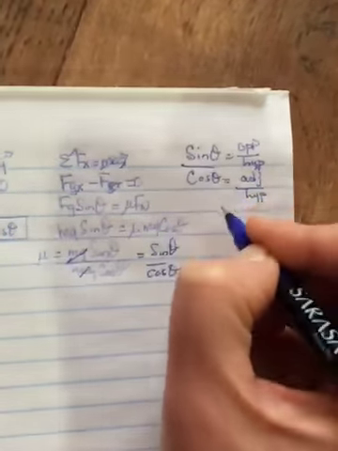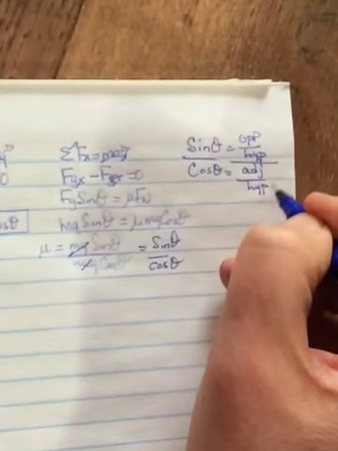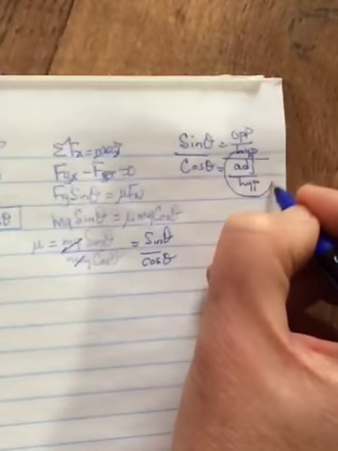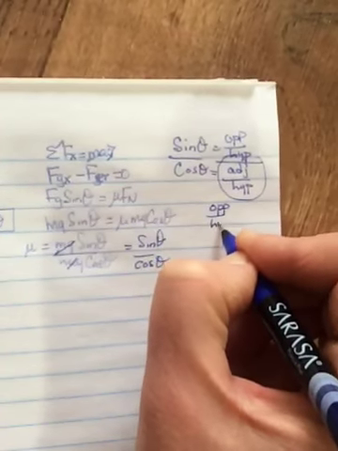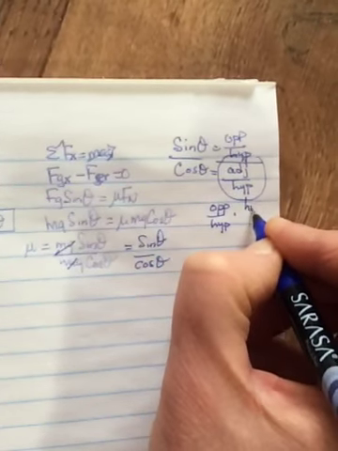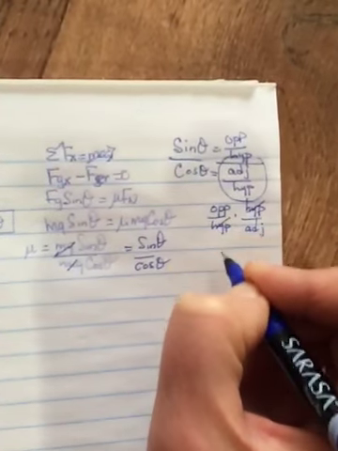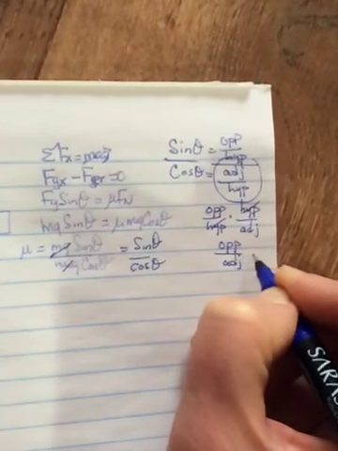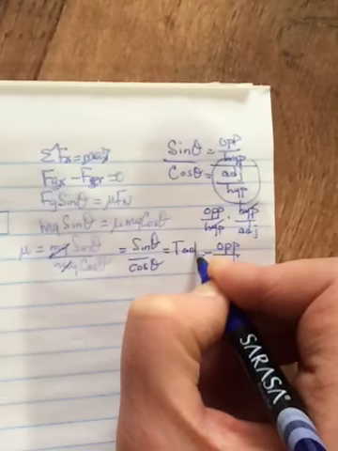So if you divide sine by cos, it's like dividing opposite over hypotenuse by adjacent over hypotenuse. Dividing by a fraction is the same as flipping this fraction and multiplying. So it becomes opposite over hypotenuse times hypotenuse over adjacent. The hypotenuses cancel, and you're left with opposite over adjacent, which perhaps you recognize as tan theta.